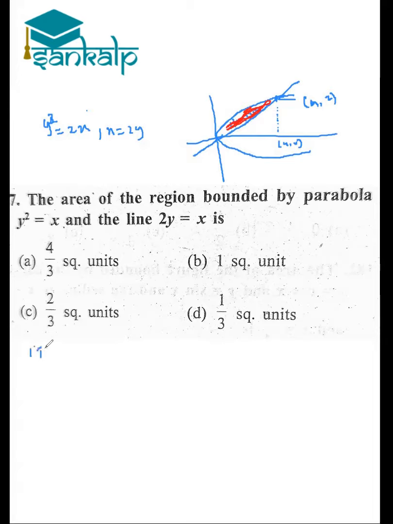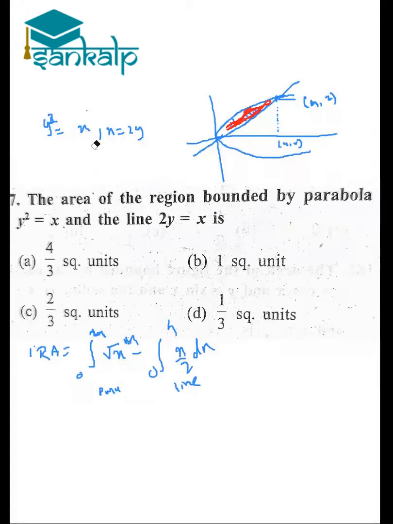So the required area will be equal to integration from 0 to 4 root x minus integration from 0 to 4 x by 2 dx. So this is the parabola, and this is the equation of the line.